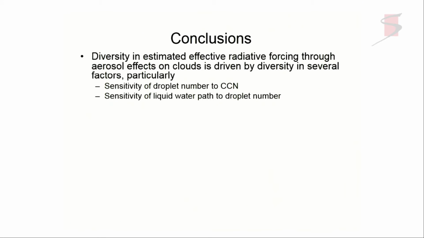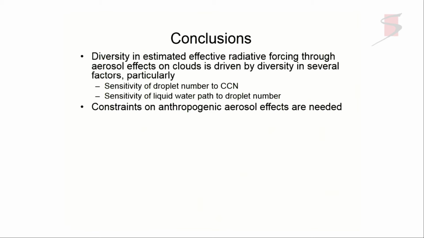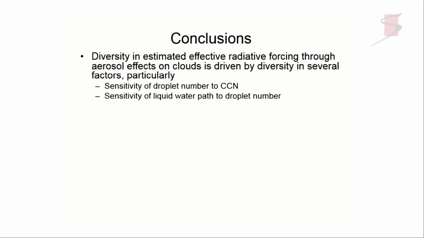So, in conclusion, the diversity in estimated radiative forcing through aerosol effects on clouds is driven by a number of different factors. The sensitivity of cloud droplet number to CCN, the thing that Thanos spent a lot of time talking about, which we know is an important component of these models. And then the sensitivity of liquid water path to droplet number is also extremely important.